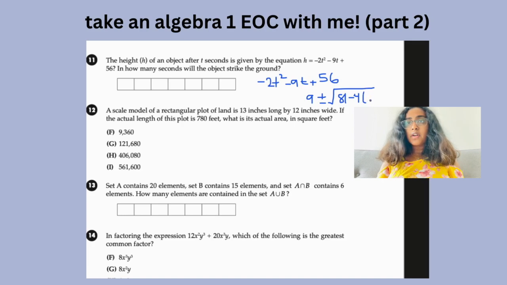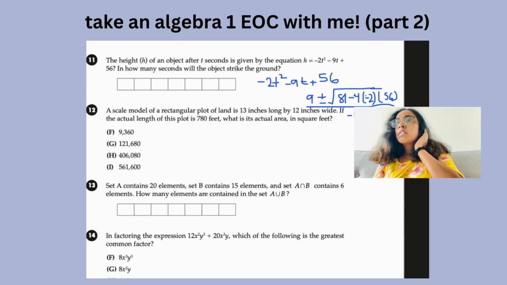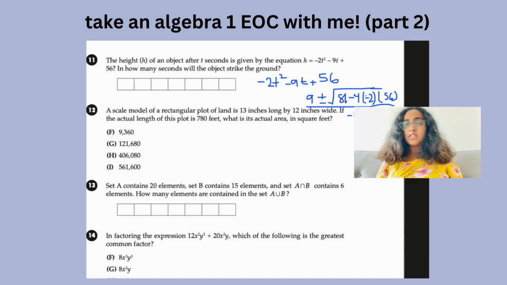So we have 4 times minus 2 times 56, all over 2a. So this will be all over minus 4. Okay, that's pretty weird, but anyway, let's do this.